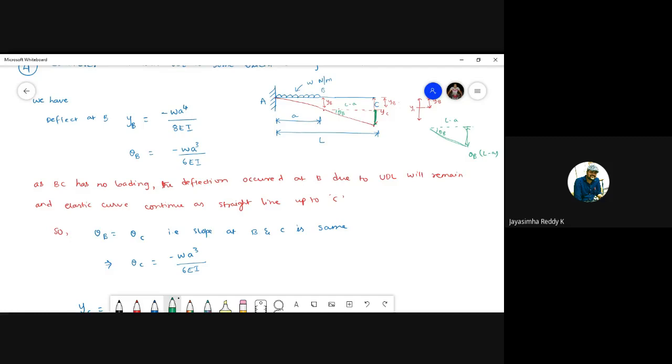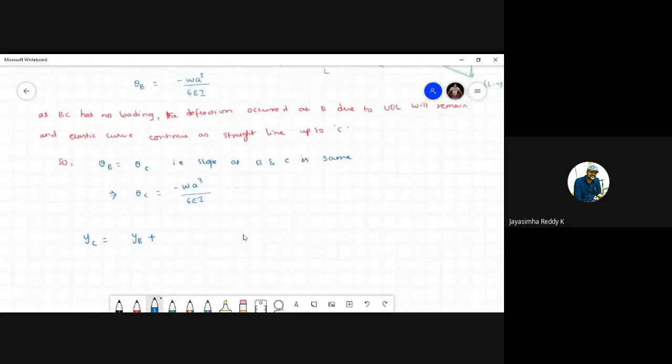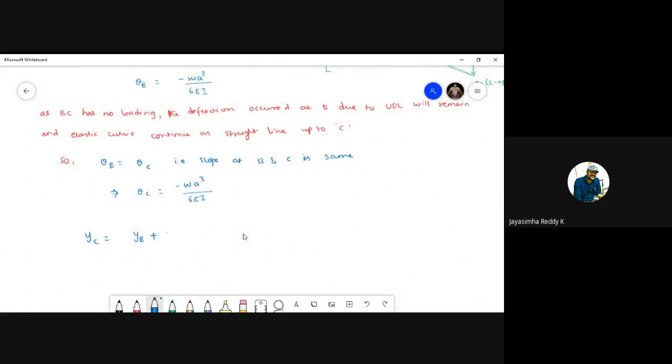So YC is nothing but YB plus theta B into L minus A. So substitute all the values of YB and theta B here. You will get this, students. YC is equal to, I am just taking minus as common, WA power 4 by 8EI, this is the YB value, plus the theta B value, WA cubed by 6EI.